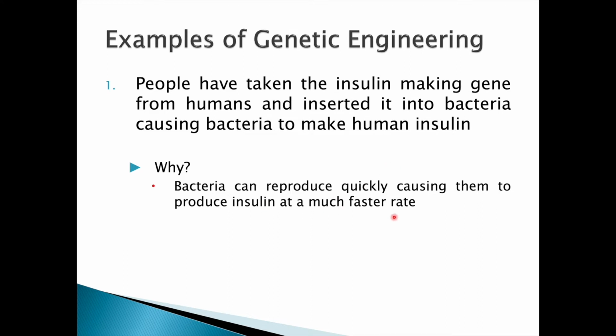So why do the scientists have to do that? The bacteria can reproduce quickly, causing them to produce insulin at a much faster rate. Yes, we know that bacteria are able to reproduce in a split second, or every 28 seconds, new bacteria are produced via binary fission. That's the process.